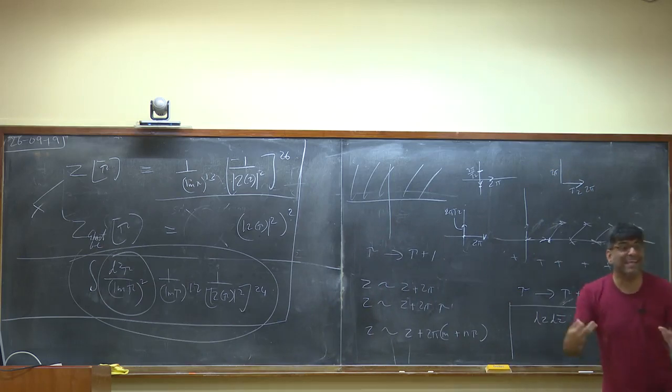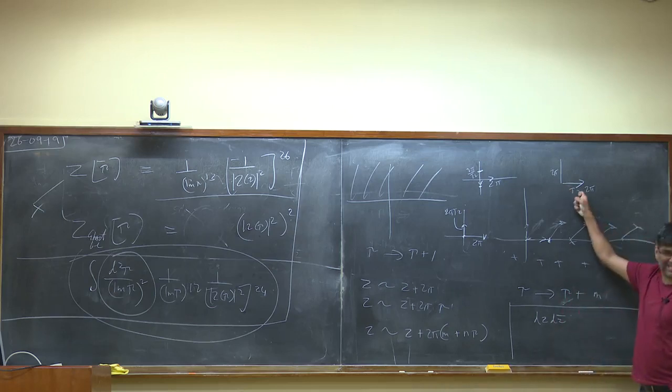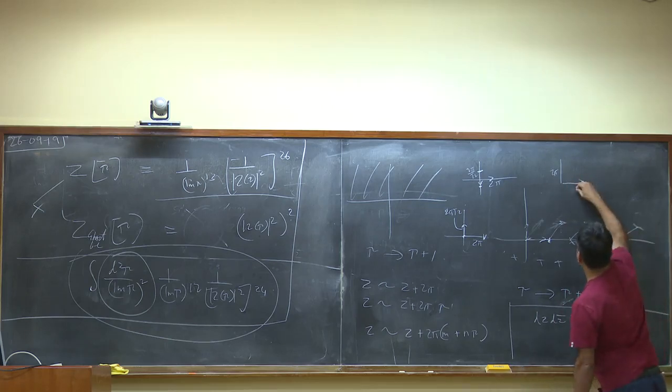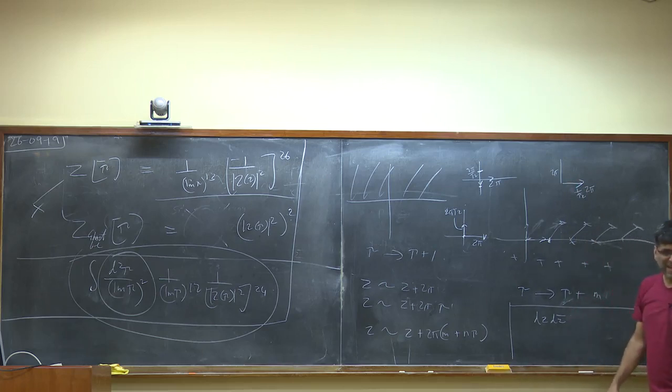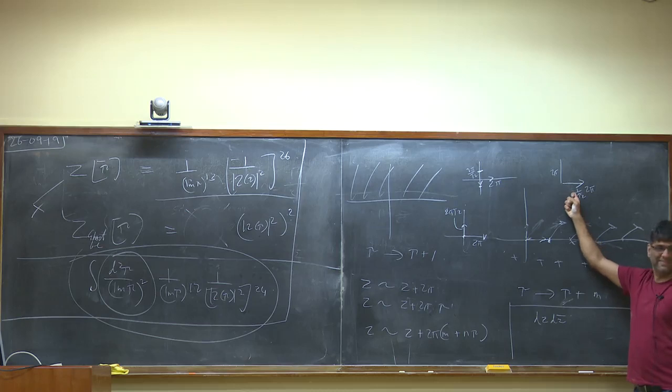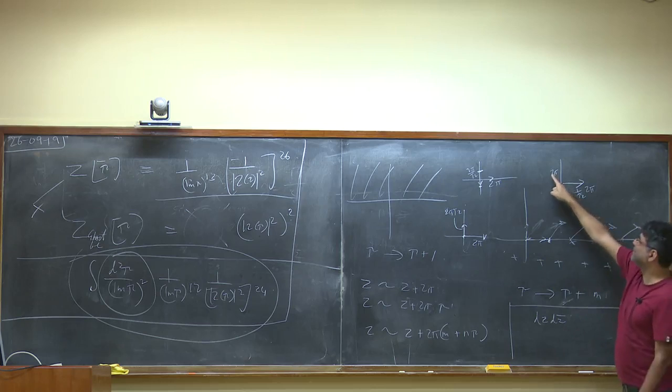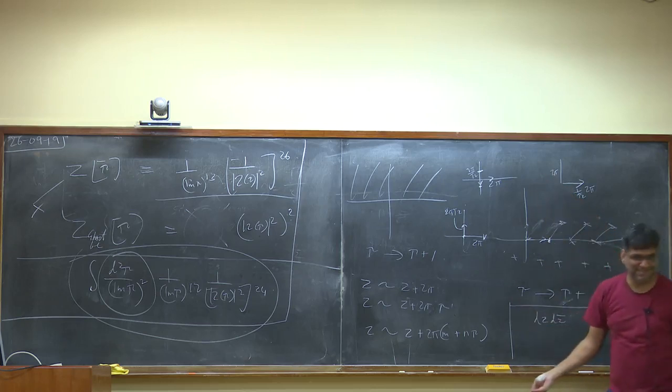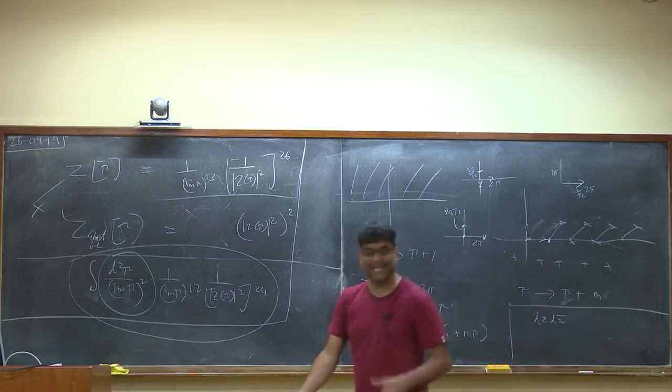Now suppose I do a scaling of the z coordinate to make this length 1. That will become 2 pi times tau 2. Okay? And that's the original torus.